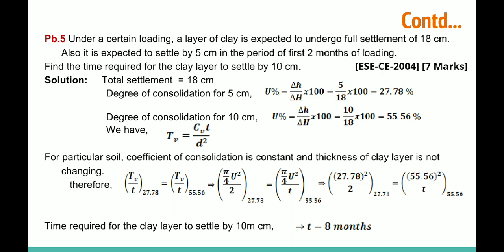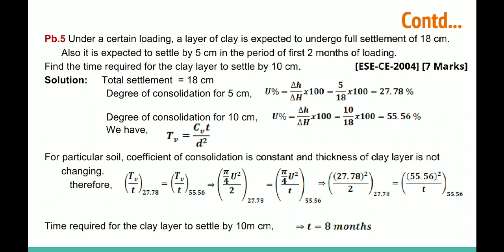Don't be confused. So are you getting my point in this question? In this question, the coefficient of consolidation was not given. Height of the soil was not given, okay? Because that was not required, because we are using the proportion, we are getting the relation between the two. We are doing some operation, and then we are using this relation for the two stages.